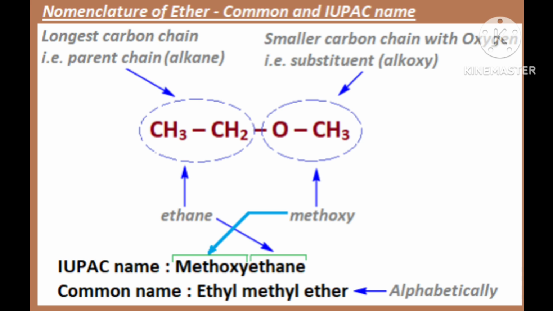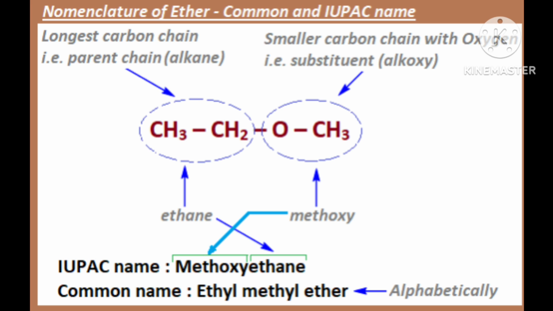Hence its name will be ethoxy benzene, because OC2H5 is attached with the benzene group. Then ethoxybenzene. Now the next example: C6H5 with another alkyl group, a long chain, attached.